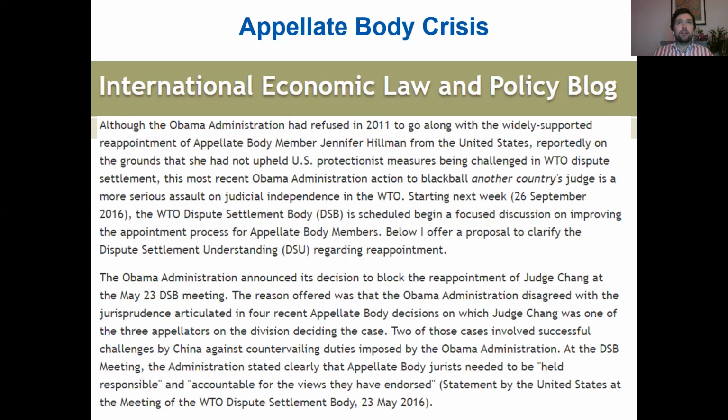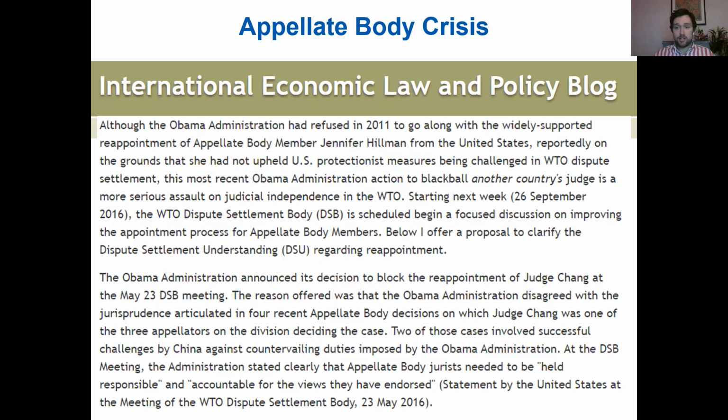You know, currently Trump, with all his policies, is considered an evil, personal evil. I don't know, the worst leader possible, whatnot. But it is not actually the problem of Donald Trump at first instance when the US started blocking the reappointment of the appellate body members.